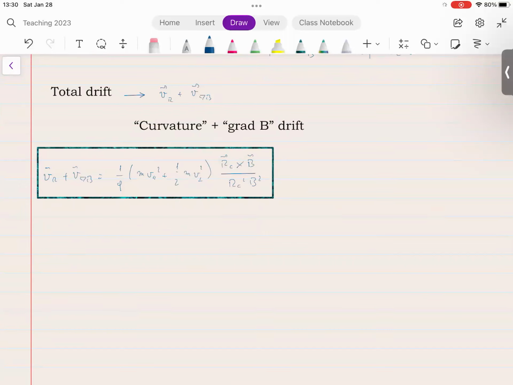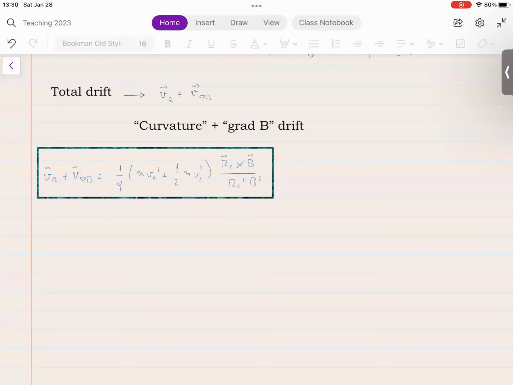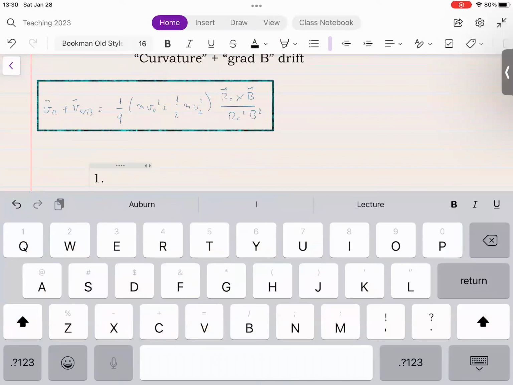Well, there is a bunch of things to note here. And let's see what they are. Well, the first one is that the two drifts are in the same direction.